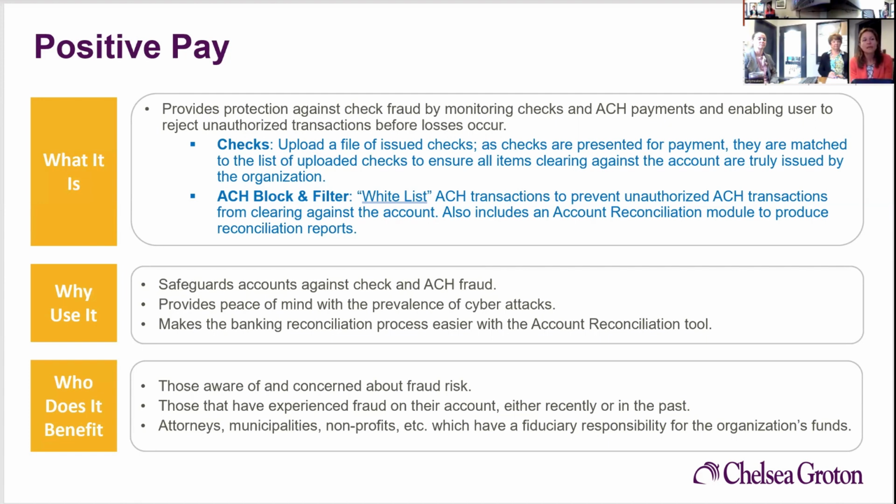So there's a check feature and an ACH feature to this positive pay platform. From an electronic standpoint, I'll highlight the ACH block and filter feature, which enables you to whitelist any ACHs coming out of your account so that only those authorized vendors are able to pull payments electronically from your account, and anything that you haven't whitelisted or authorized specifically through the positive pay system will not be able to ultimately debit your account.